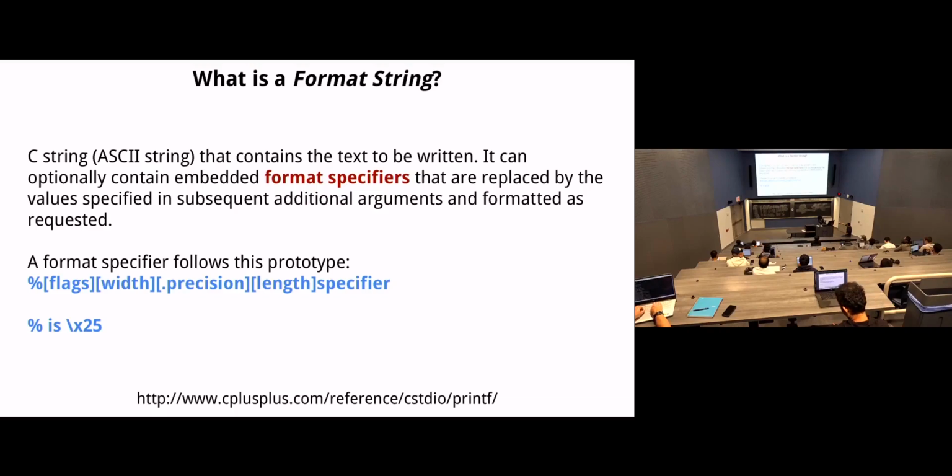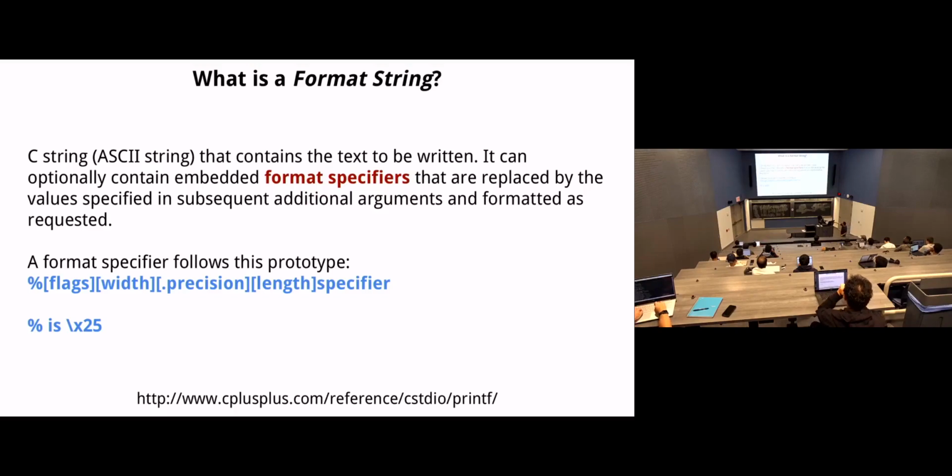After the percent sign, there are 4 optional fields. You do not always specify them, they're optional. But there is always a specifier. That's why you have %d, %p, %s. Those S, D, P are specifiers. The percent sign itself is just ASCII number 25 in hex.